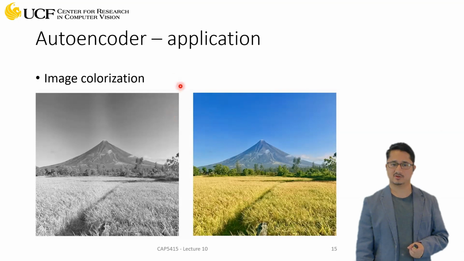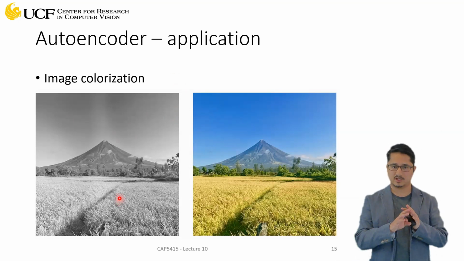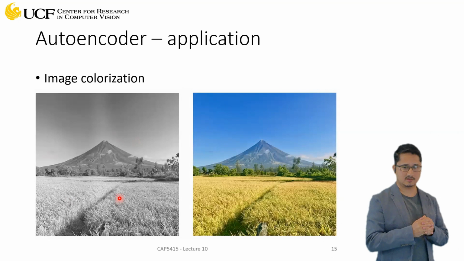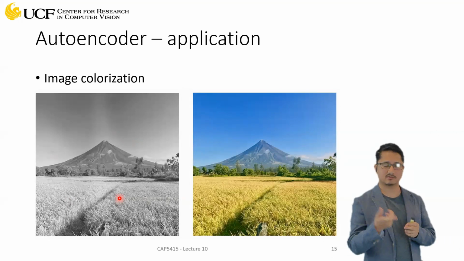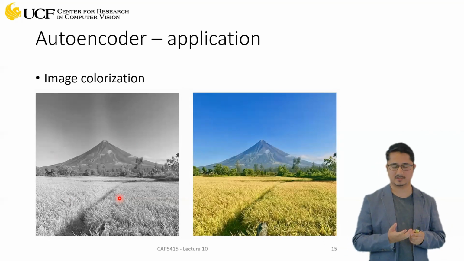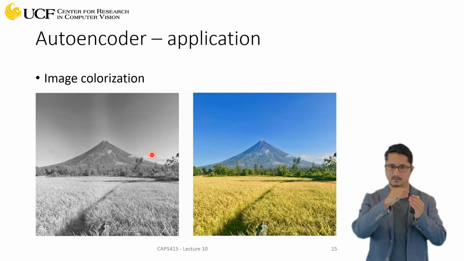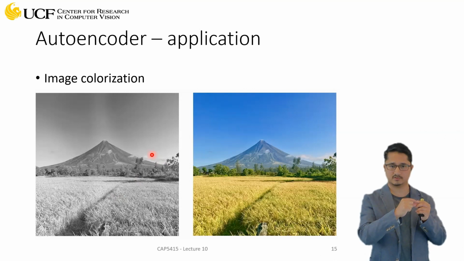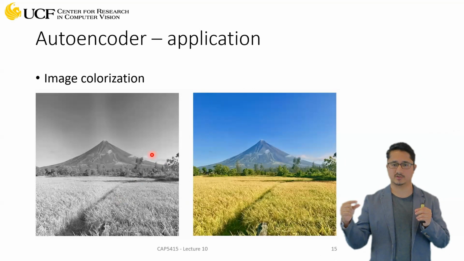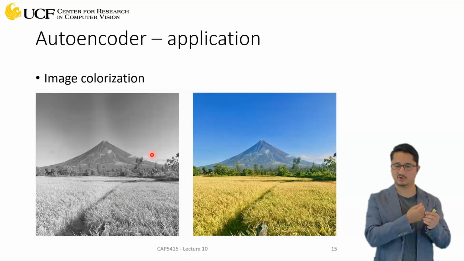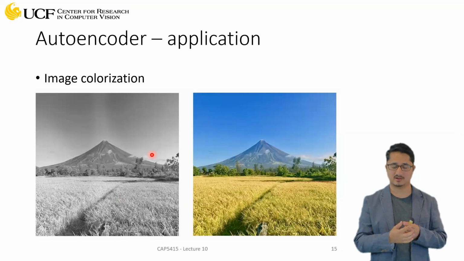Now in this one, let's say you have a lot of colored images, but deliberately you convert them to grayscale. That's a pretty straightforward mathematical operation, right? Then you can train your autoencoder where the input is a grayscale image, but the output is a colored image. Because you already have the colored image during training, you can just train that network.